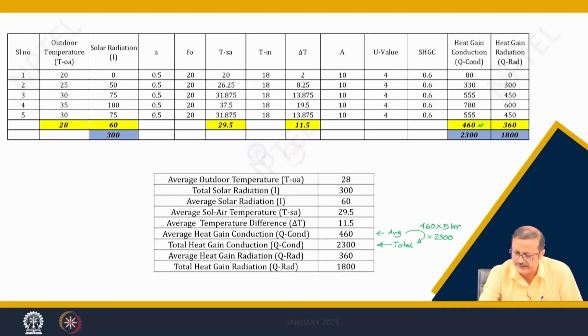Similarly, the radiation average is 360 watt, multiplied by 5 gives me the total, which is 1800 watt. So, this is the average and this is the total.